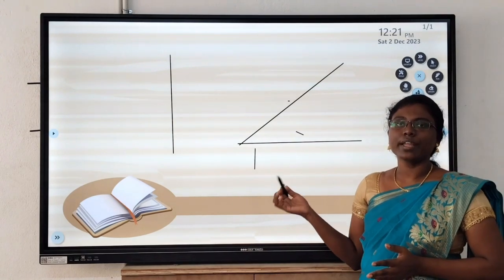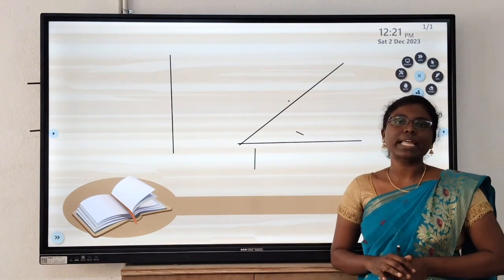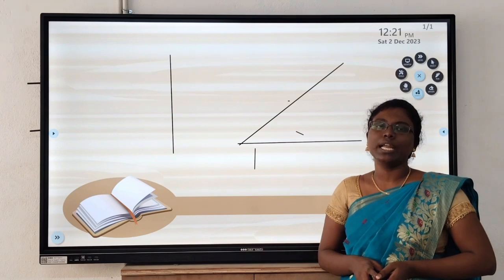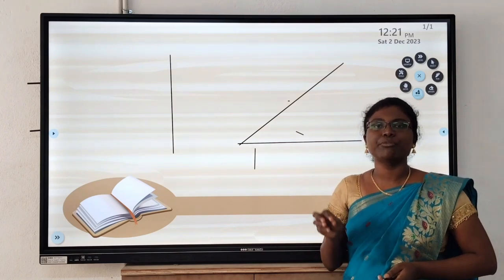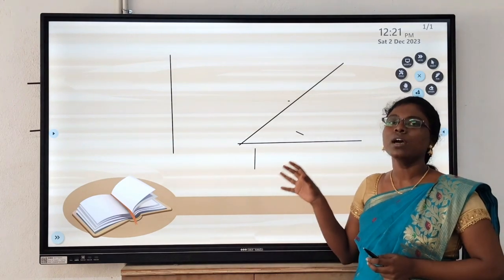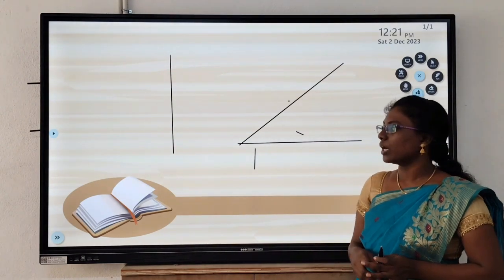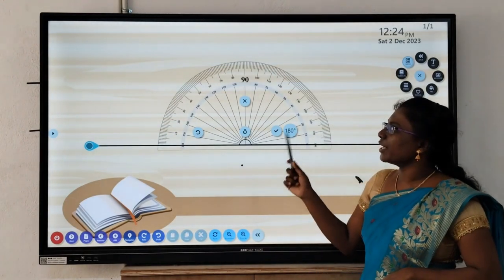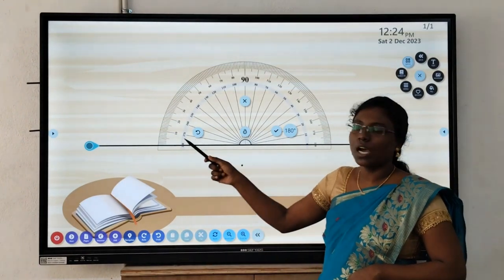Okay. Here you have types of angles. In your 5th standard, you are going to learn about 5 types of angles. So, what are all the types given in your book? Let us see the protractor. Here you have degrees.